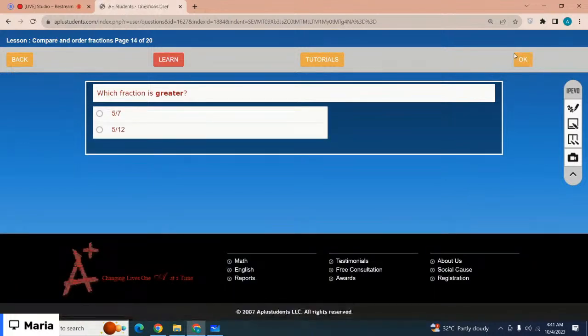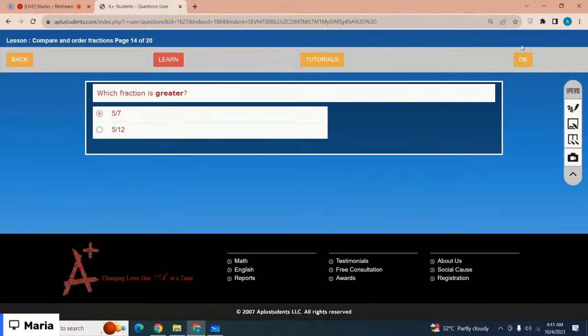Which fraction is greater, 5 over 7 or 5 over 12? Very good, that is 5 over 7. Okay, you can complete the lesson by yourself later today.